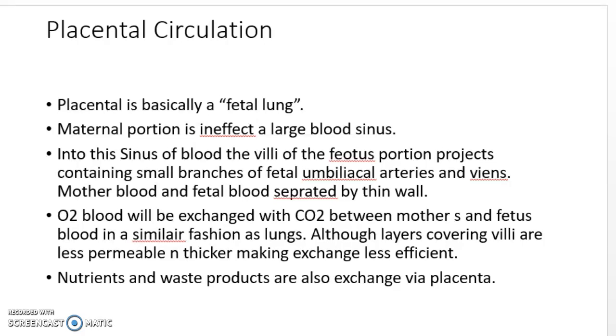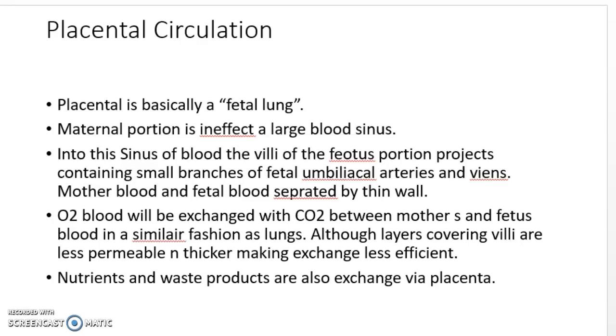Over here, there is going to be blood in the placenta. There are going to be blood sinuses, and it is the maternal portion; in effect it's a large blood sinus. In the sinuses, there are going to be villi coming from the fetus.